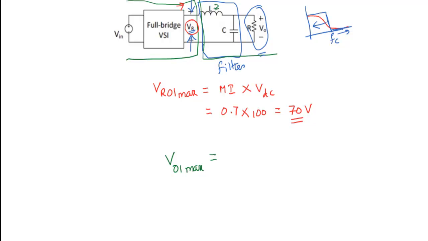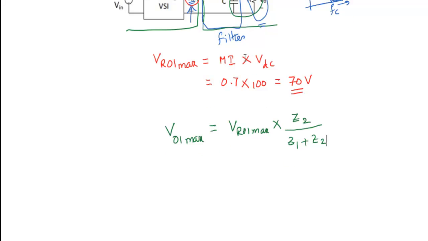This is Z1 and this entire thing you can take as Z2. So in total, the voltage is V01 max multiplied by the required impedance, that is Z2. We can calculate Z2 later, leave this one. Z2 divided by Z1 plus Z2. So that is what you can calculate using the voltage division formula.